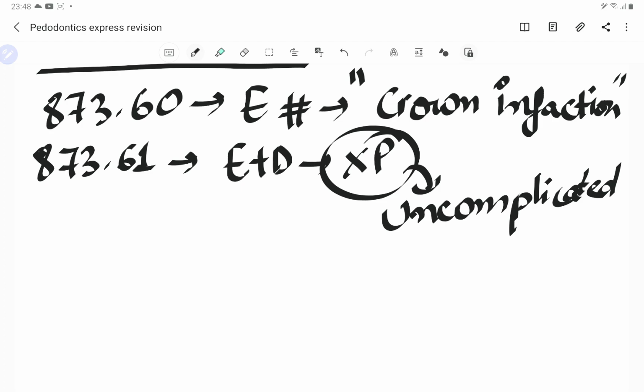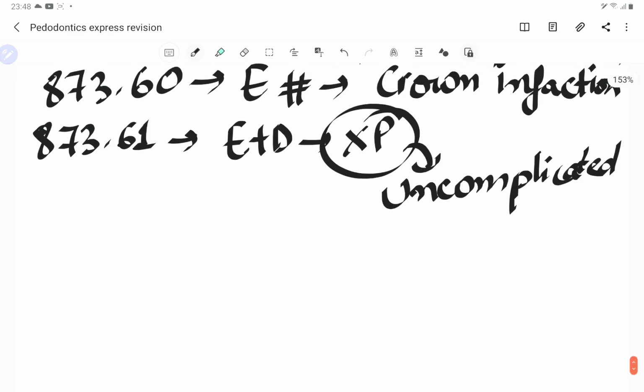So remember this, that when we do not have to go for root canal treatment, when there is no pulpal involvement, we call it the uncomplicated fracture. So when the fracture is confined only to the enamel and the dentine, but it is not involving the pulp, we call it uncomplicated. And because we are talking about the crown, this is an uncomplicated crown fracture, right?